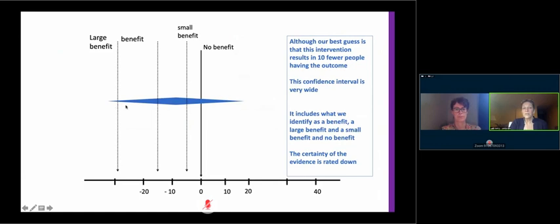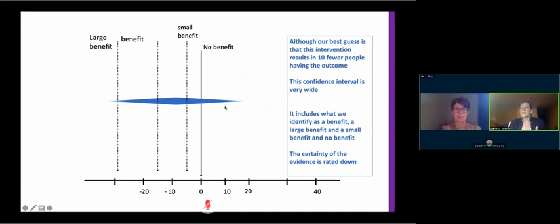The confidence intervals are really wide from what we found, so there's a possibility within that confidence interval that this intervention could have a large effect. There's also the possibility that it could have a small benefit or no benefit at all, for example.